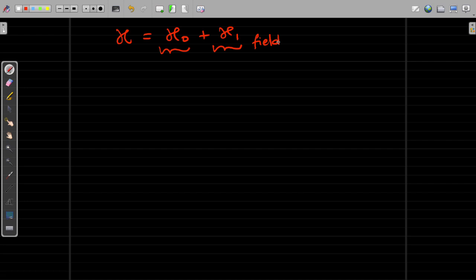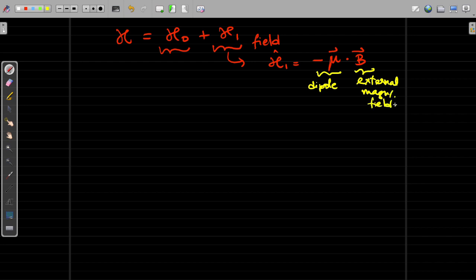This is important mainly because of how the energy goes. The energy, when a magnetic dipole is present in an external magnetic field, will be given by minus mu dot B. These two are also vectors. This is the magnetic dipole moment vector, while this is the external magnetic field that has been applied.